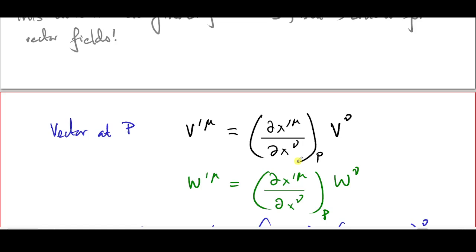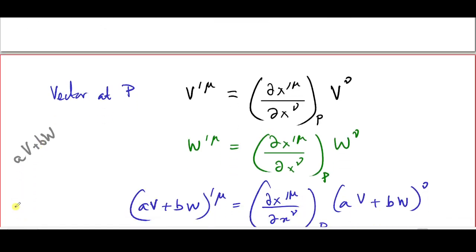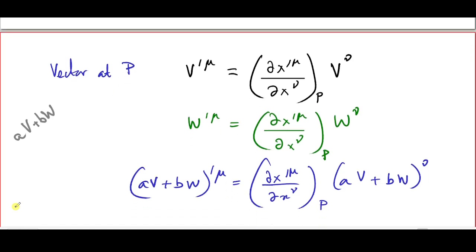Now, when you linearly combine any two such vectors, say we take V and W and form the combination AV plus BW where A and B are just real numbers, then the muth component of AV plus BW is simply AV mu plus BW mu, and under the coordinate transformation it changes to AV plus BW prime mu, which is of course AV prime mu plus BW prime mu.